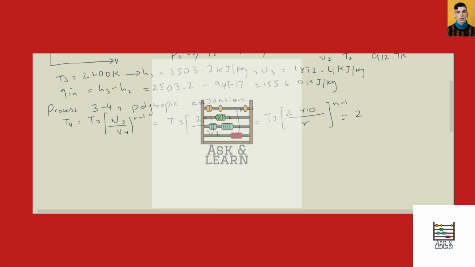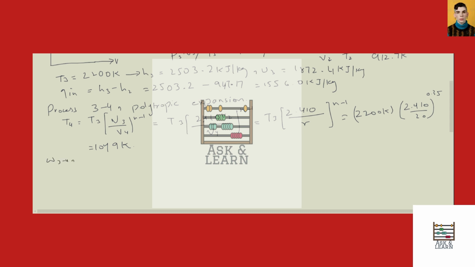T3 is 2200 Kelvin, the compression ratio is 20, and n minus 1 is 0.35. This turns out to be 1049 Kelvin.